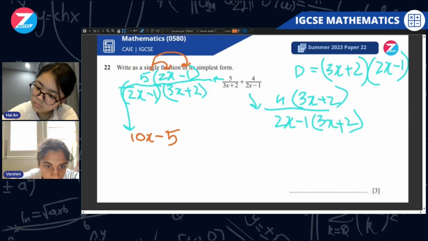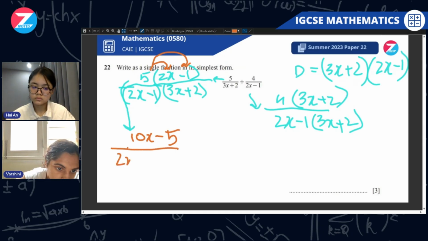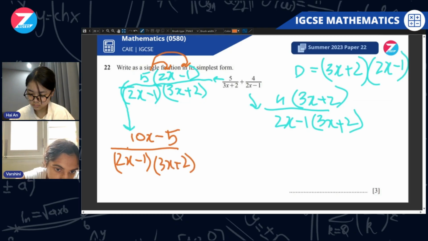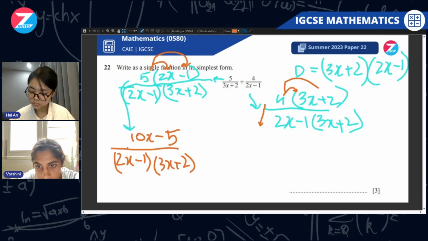Now, our denominator is going to be the same for both, which is just 2x minus 1 into 3x plus 2. And now our second fraction, this one, again we have to multiply 4 into 3x and 4 into 2.